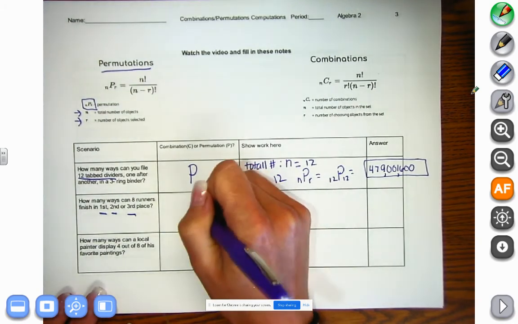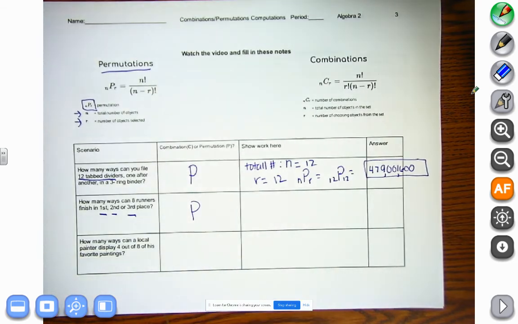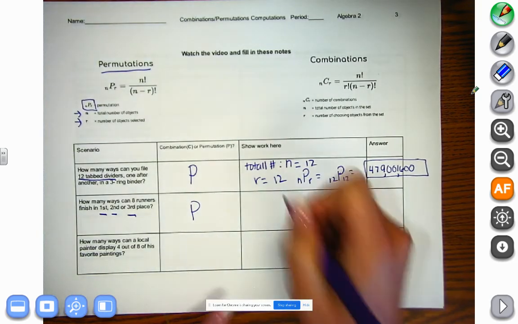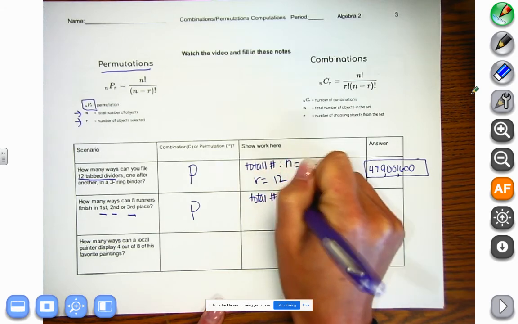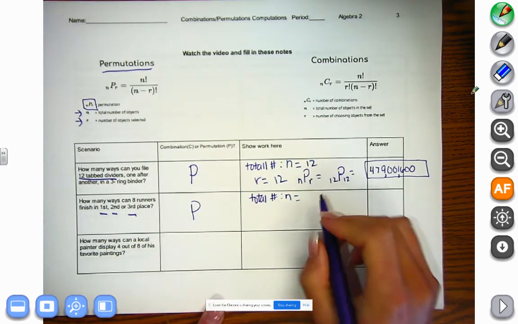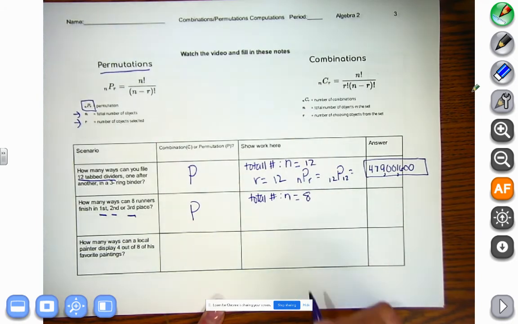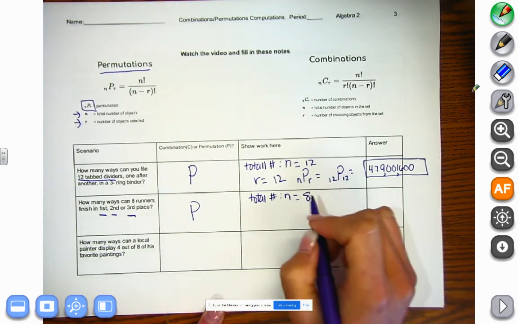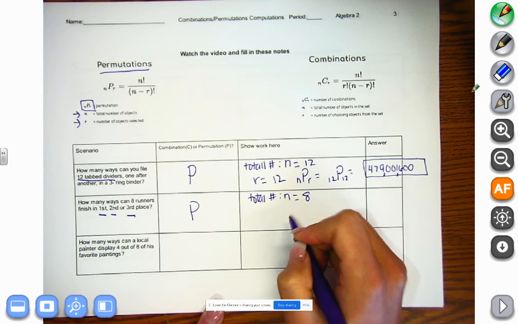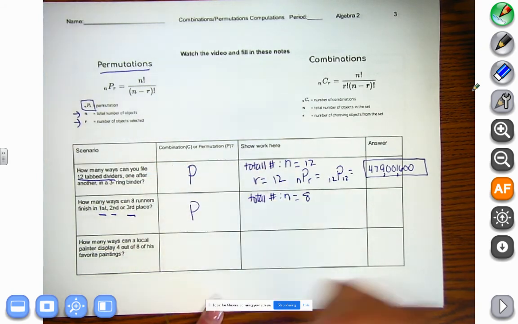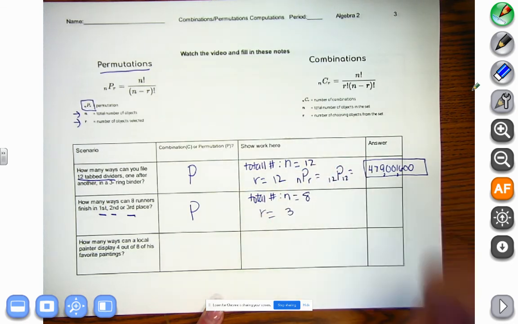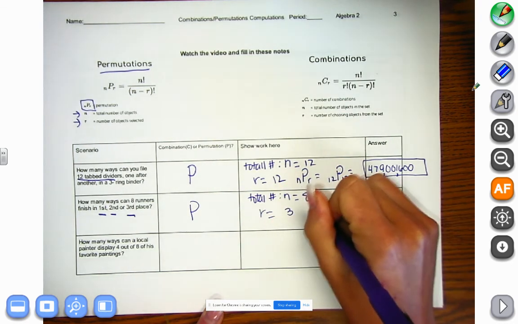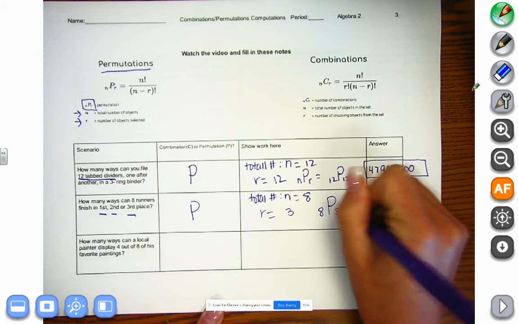Now we need to identify our total number, or n, which is 8 runners. There are 8 total runners, and the number of objects being selected: because you're choosing a first, second, and third place, there are 3 things being selected. So your r equals 3.